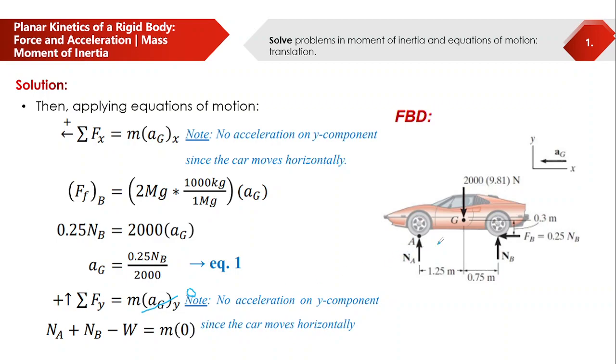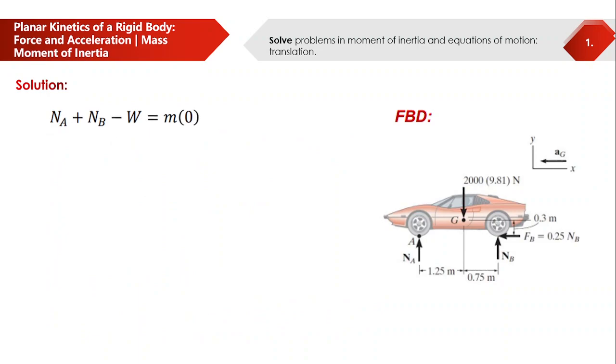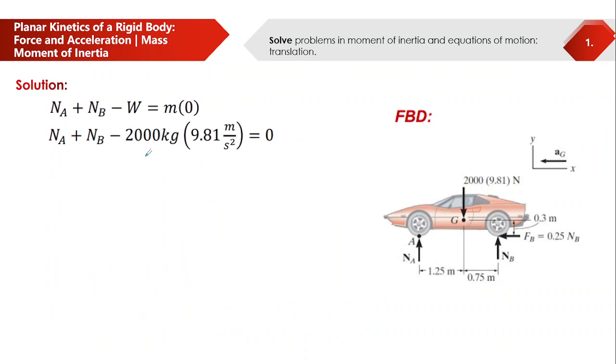Our negative here is only the weight. So negative W is equal to mass times 0, again, walang acceleration since our car moves only horizontally. Substituting the value of the weight, that will be 2000 kilograms times 9.81 meters per second squared.